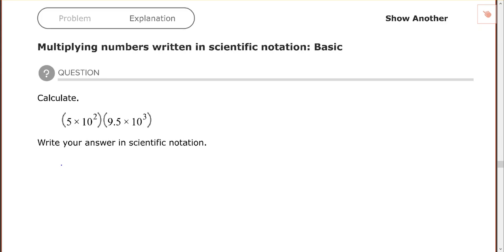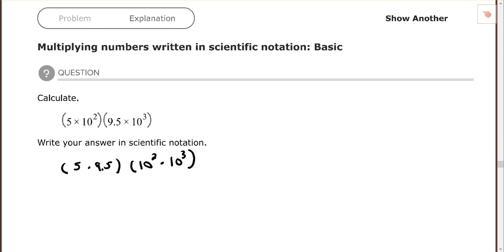So I'm going to rewrite this as 5 times 9.5 and 10 to the second times 10 to the third.